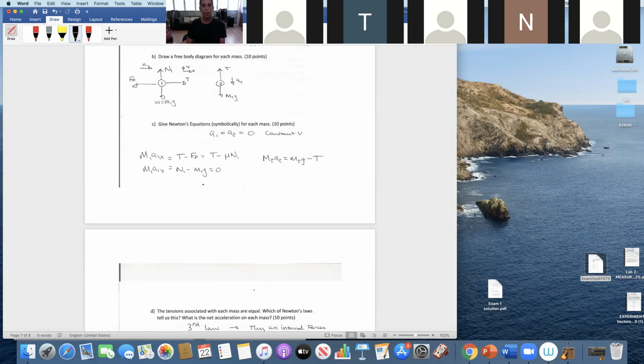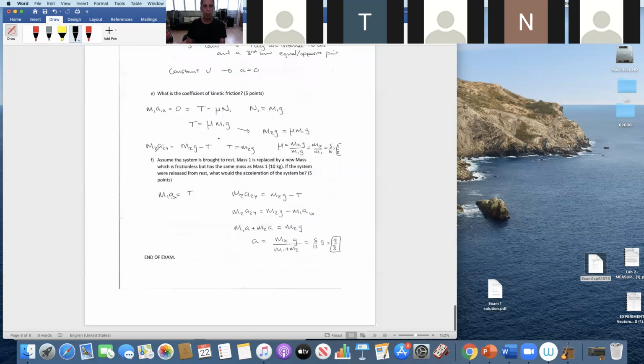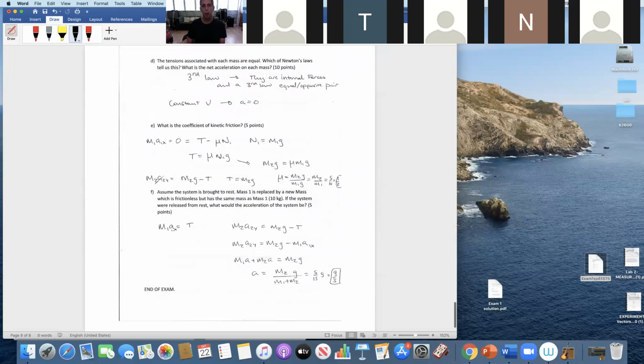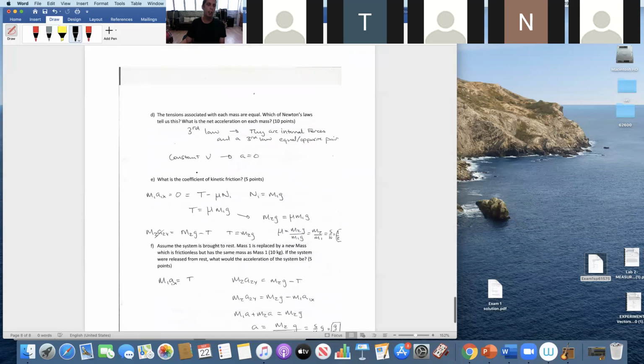So you have everything you need to plug stuff in and then just solve the equation for mu. But here, you know that the acceleration was 0 because of constant velocity. So that becomes 0. And you know that the tension was equal to mu M1G, and the tension you already found was M2G, and so you get this, and you find that it's a half for this particular problem. Just algebra.